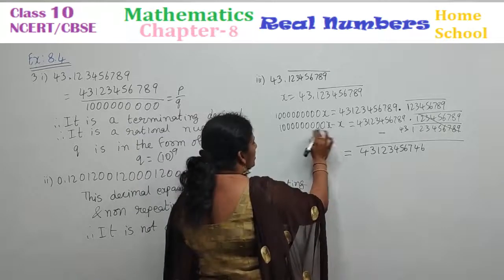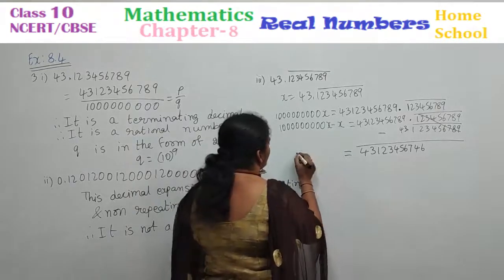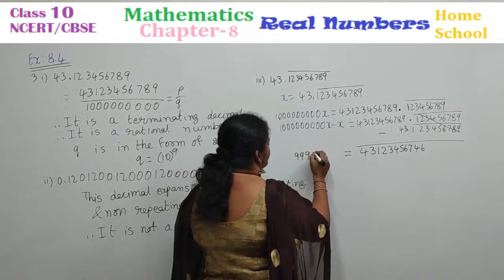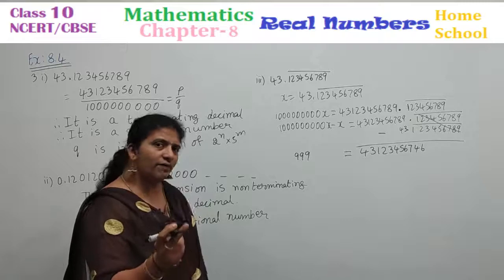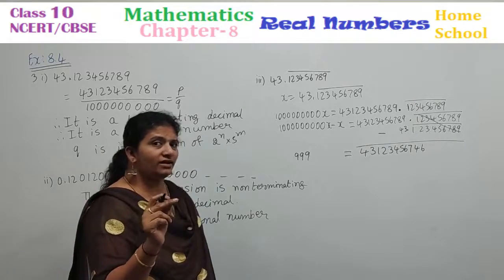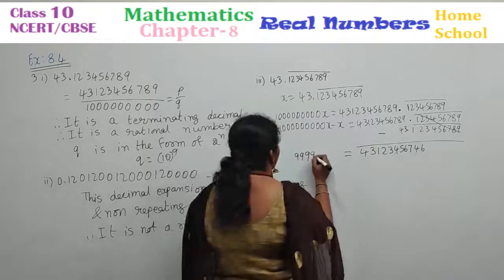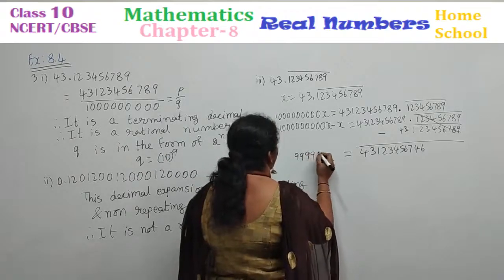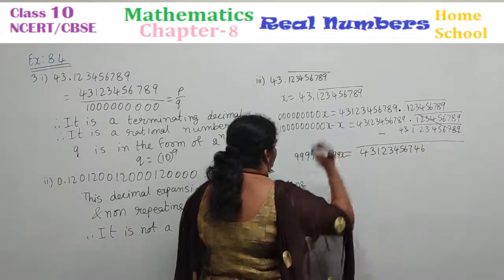How many zeros you have? 9 zeros, right? When you subtract 1, it becomes 9 nines. 100 minus 1 is 99. 1000 minus 1, what happens here? 999. So here itself 9 nines you are going to get, into X.